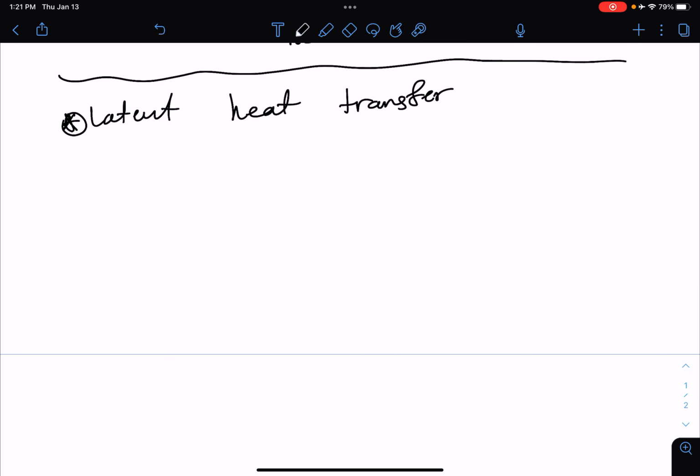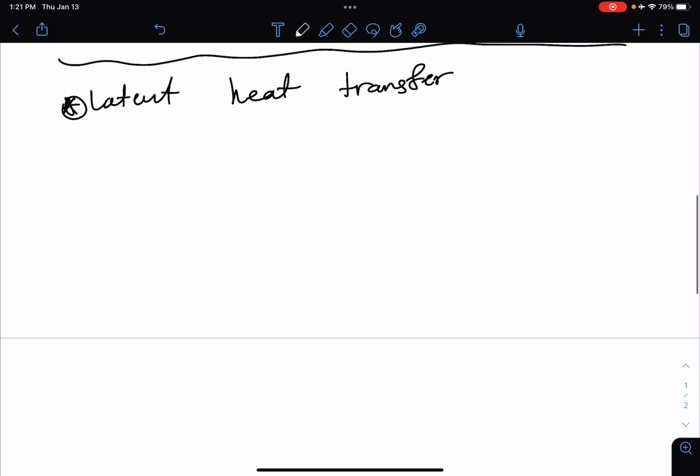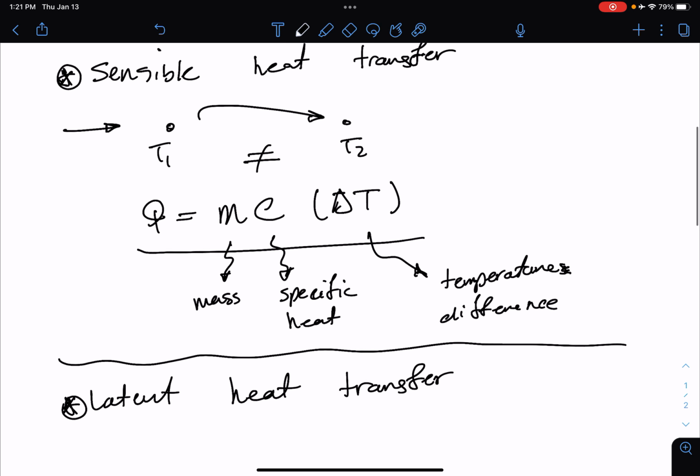No one? Do we know what latent heat is? Show of hand? No? Okay, that's all right.